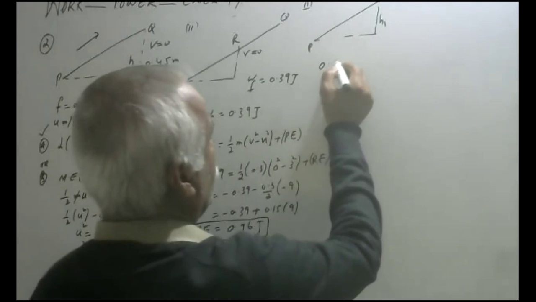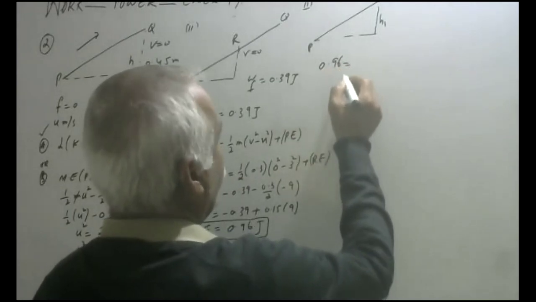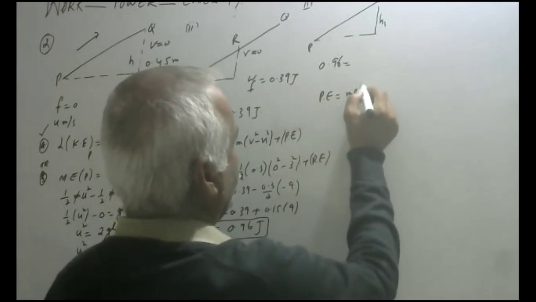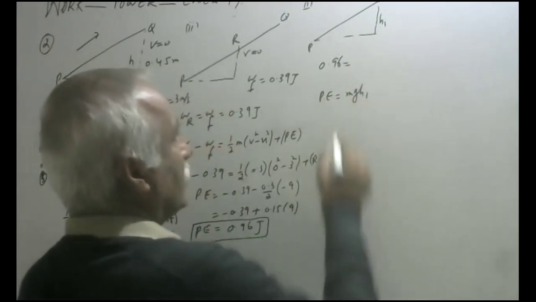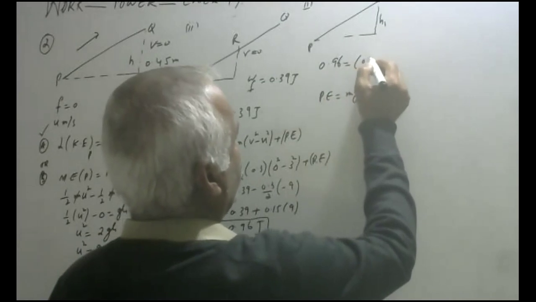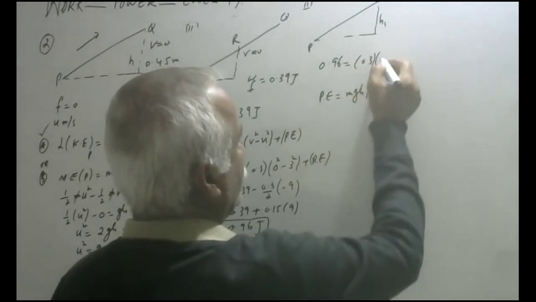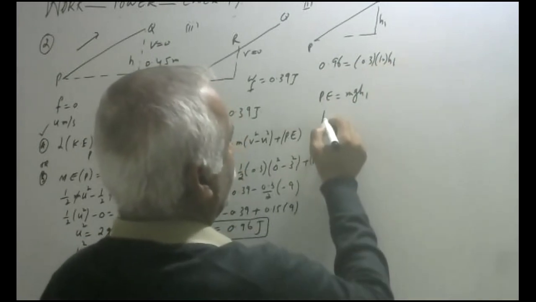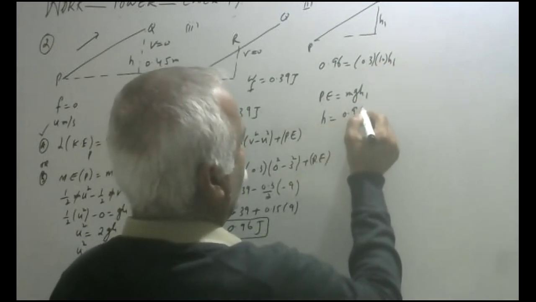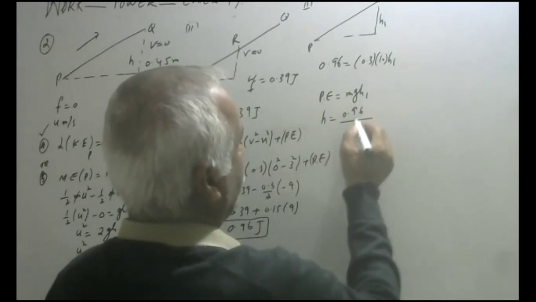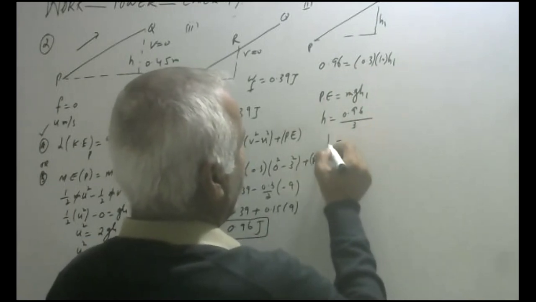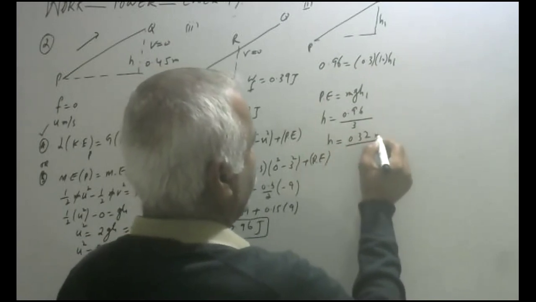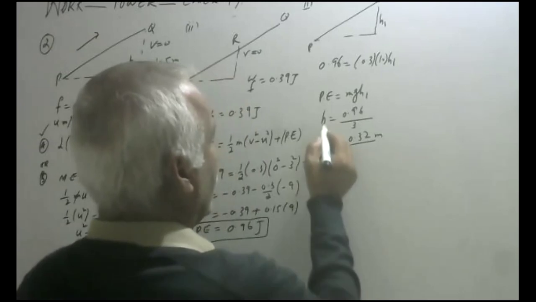Potential energy is equal to mgh1. The mass is known, that is 0.3, g is known, that is 10, and height is h1. So h1 is equal to 0.96 over 3. So h1 is equal to 0.32 meter above the level of P.